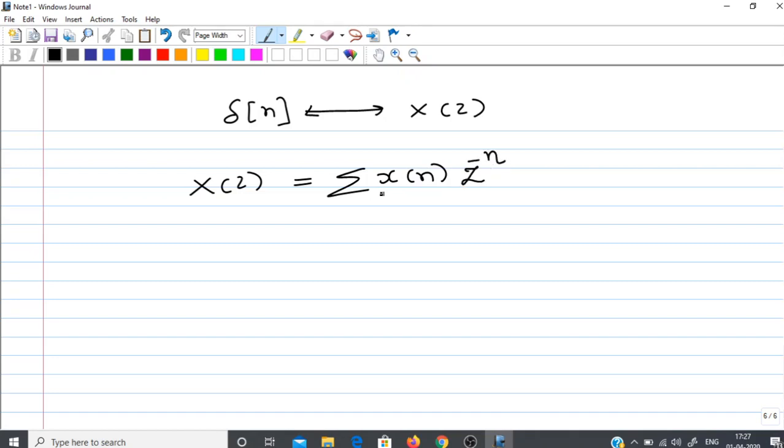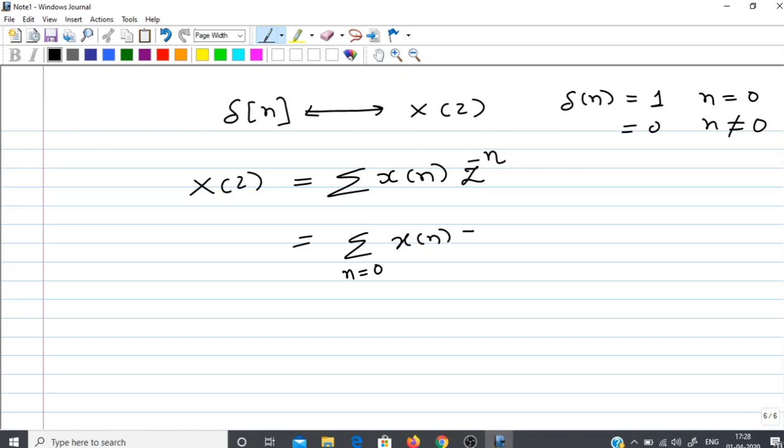This summation would be non-zero only for n equals 0, because the definition of delta n says it is 1 at n equals 0, and it is 0 if n is not equal to 0. So if you expand this, you get x[0] z to the power 0, and x[0] is 1, z to the power 0 is 1, so it is 1.